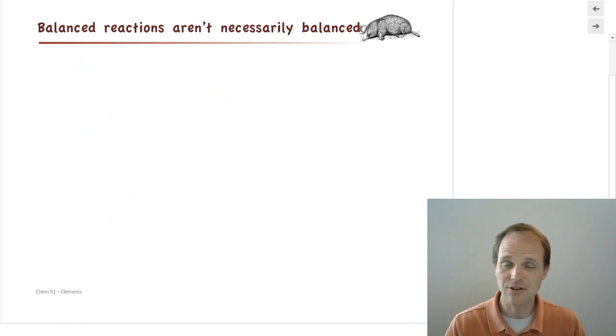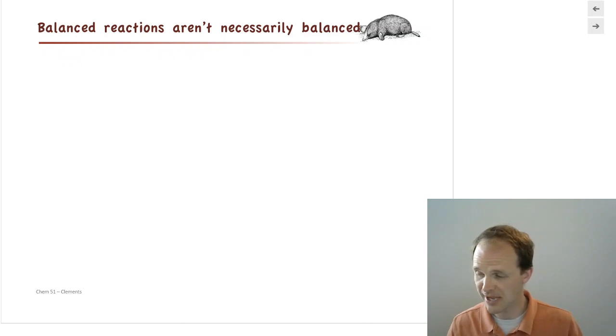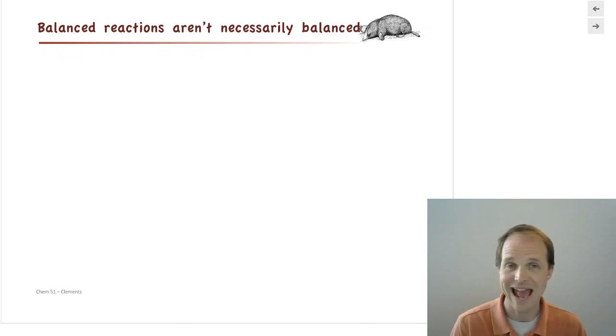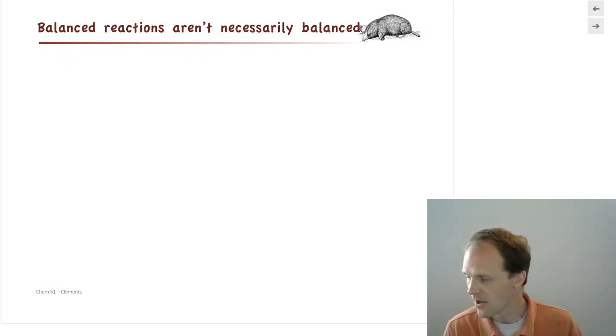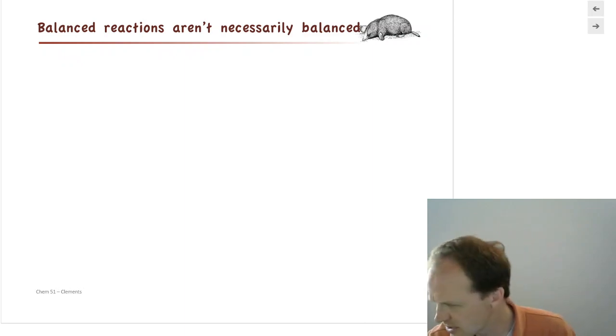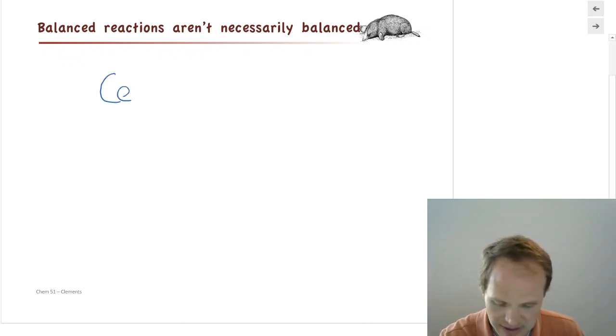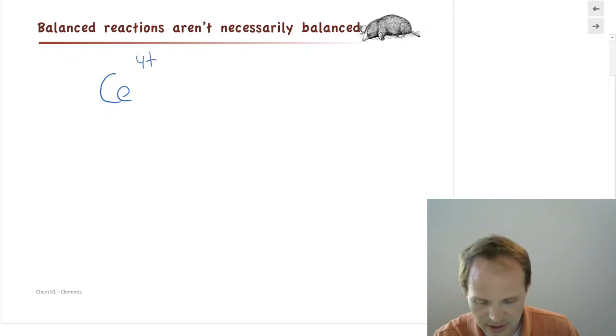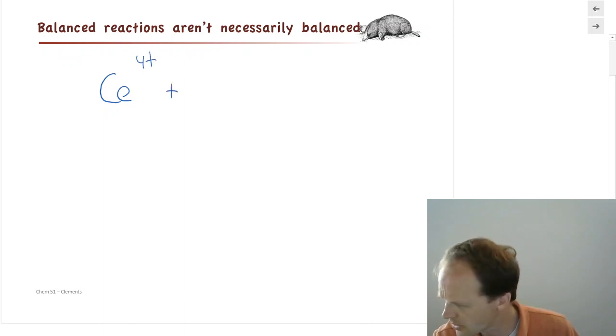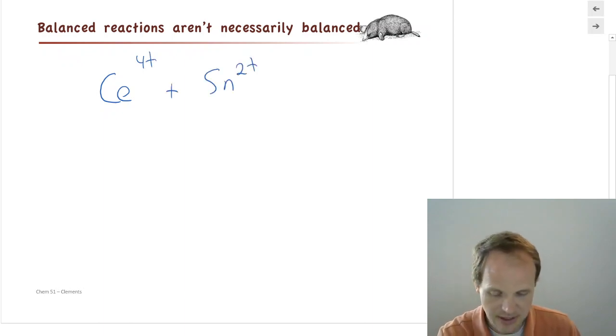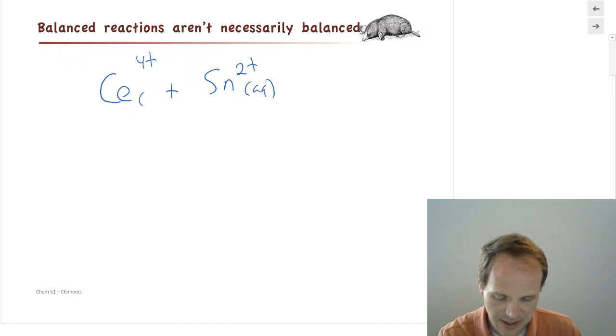The next thing we have to understand is that just because we see a reaction that looks balanced, it might not actually be balanced. So we're going to deal with some cerium +4 and some tin +2, both in the aqueous phase.